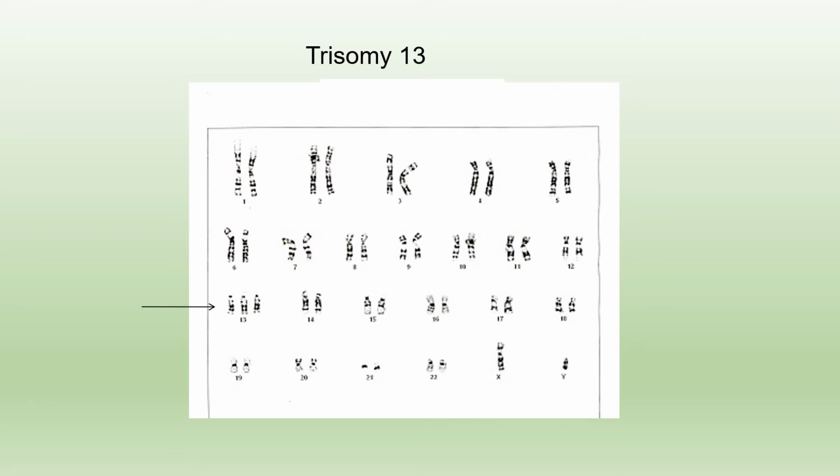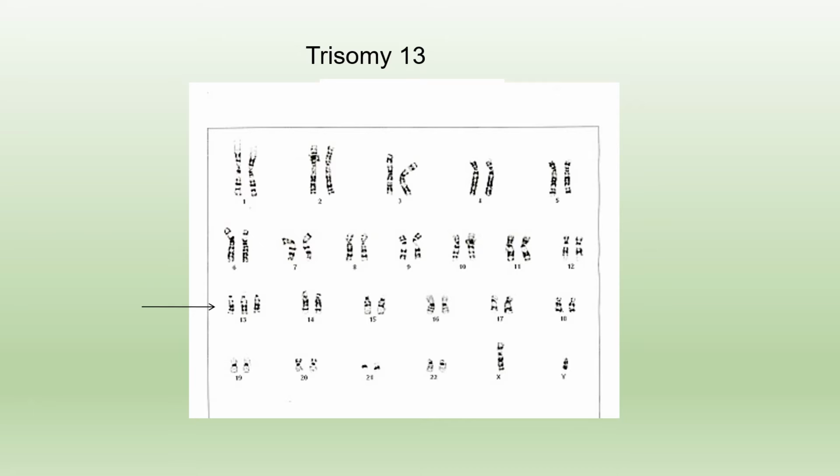This image shows you a human male karyotype. These are pictures of the actual chromosomes. And you can see two copies of chromosome 1, two copies of chromosome 2, two copies of chromosome 3. That is what you normally expect.